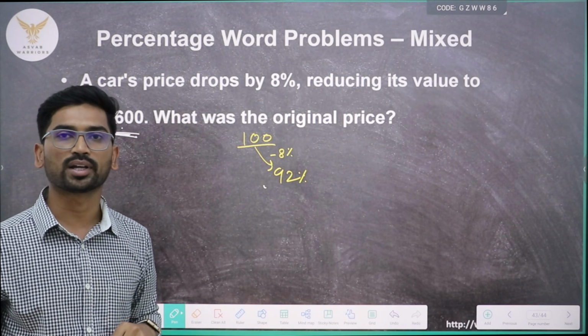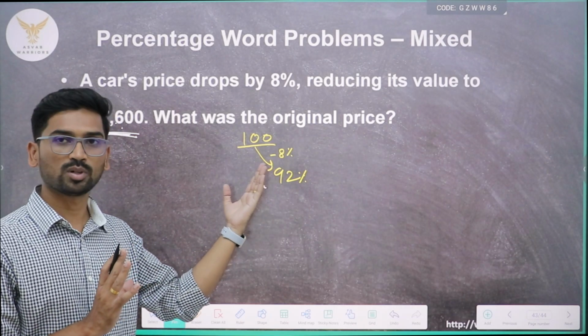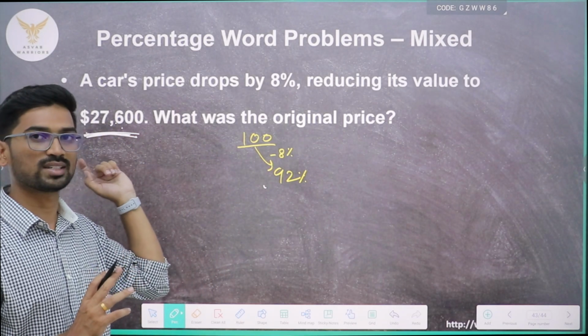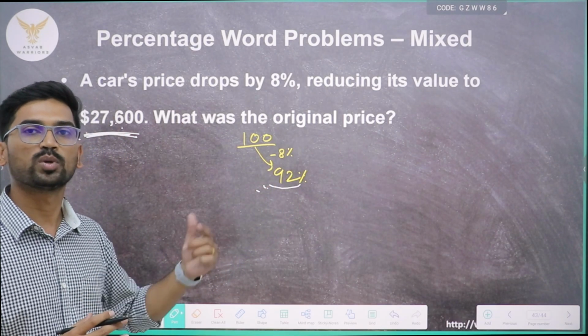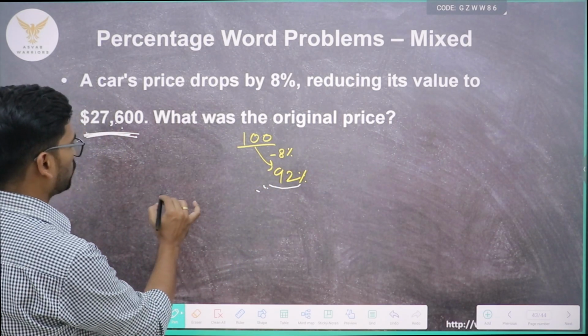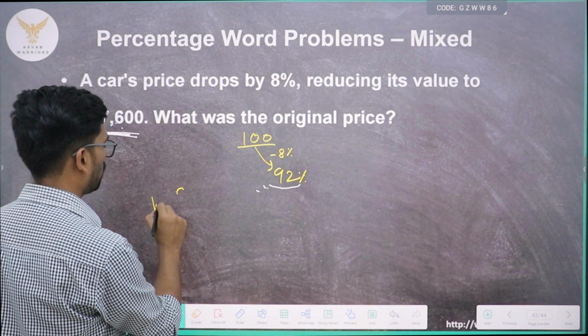What was the original price? So we need to find out the whole. Correct? The part is given, which is 27,600, and the percentage is given, which is 92%. So we will see what is the formula.